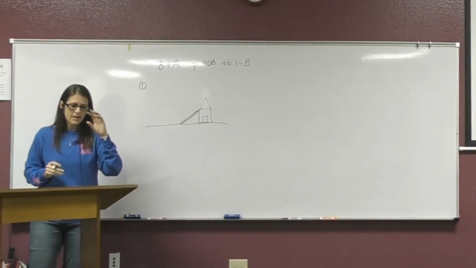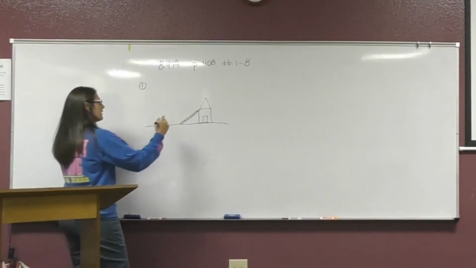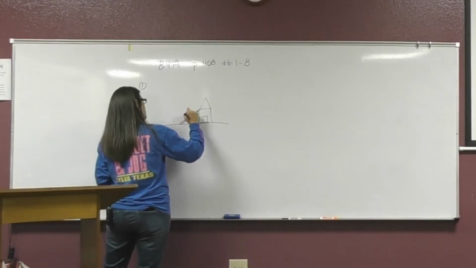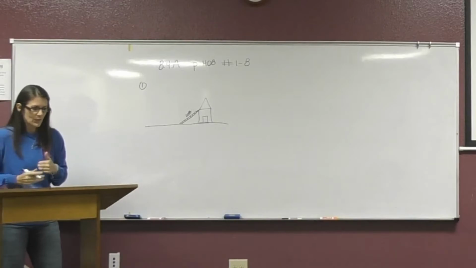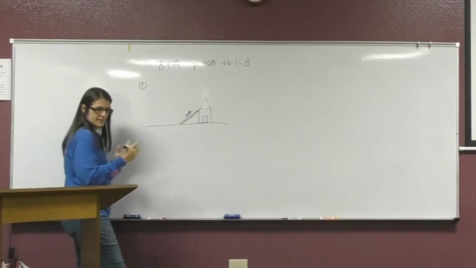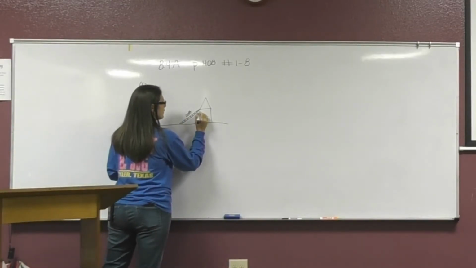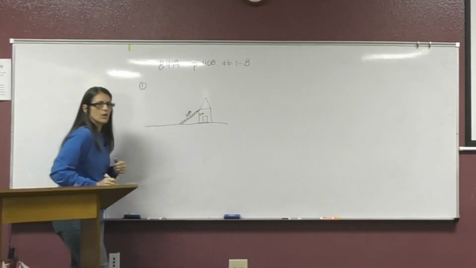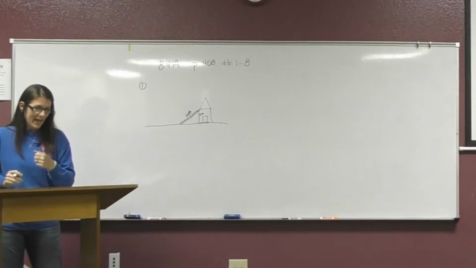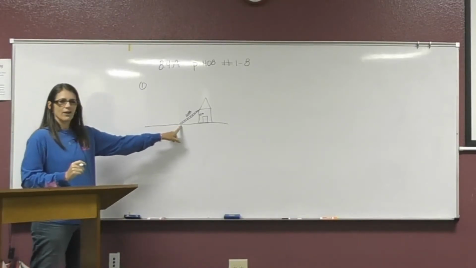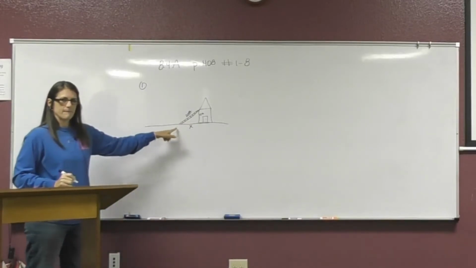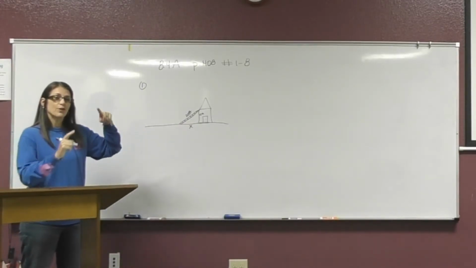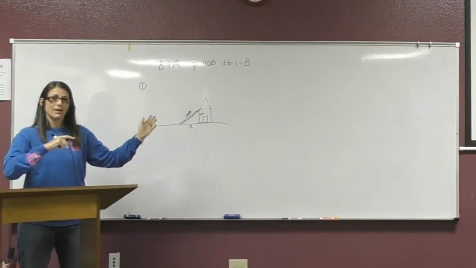Now, it says that it is a 20-foot ladder, so I know that this ladder is 20 feet long, and I know that the house is 13 feet tall, so from here to here is 13 feet. The question is, how far is the base of the ladder from the house? So I would be looking for that, okay?